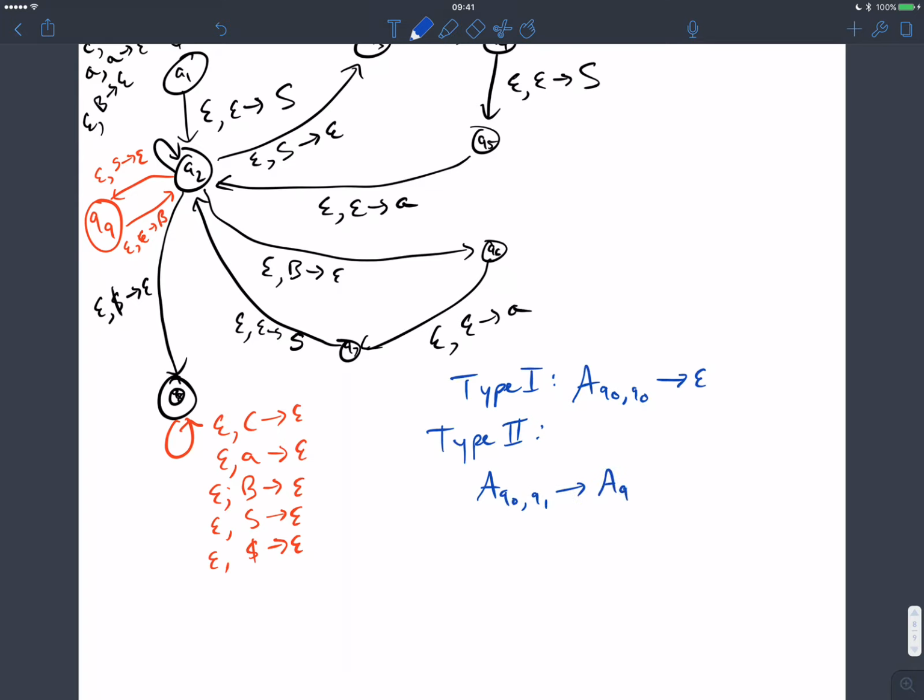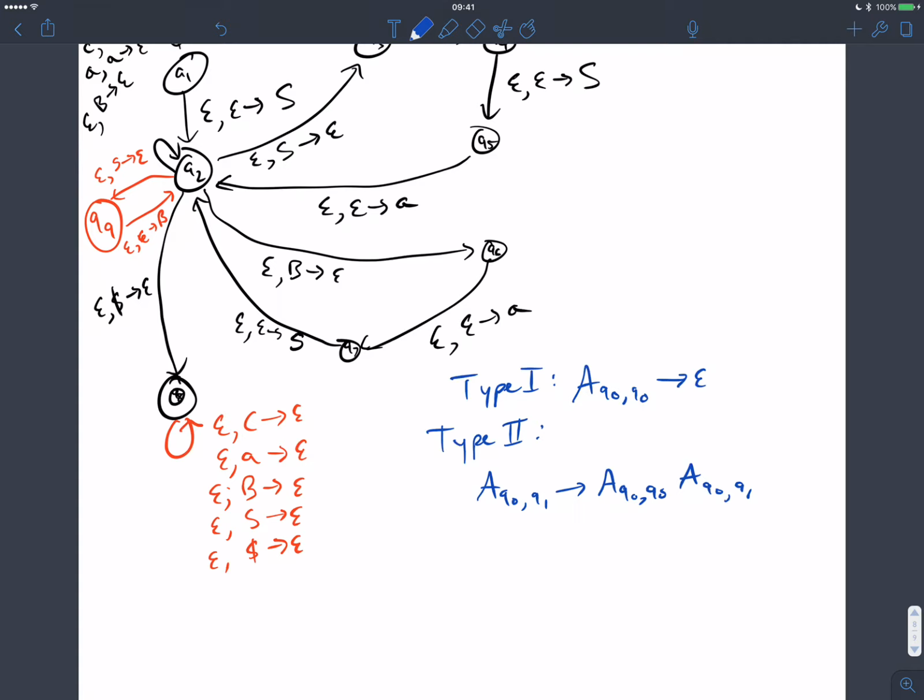Good. So A sub Q0,Q0 makes A sub Q0,Q0 and A sub Q0,Q1. So for all choices of three states, some state to some state, you produce some variable, A sub first state, any other state.